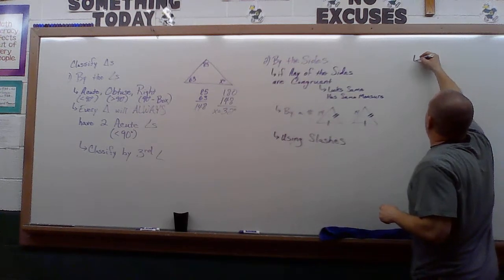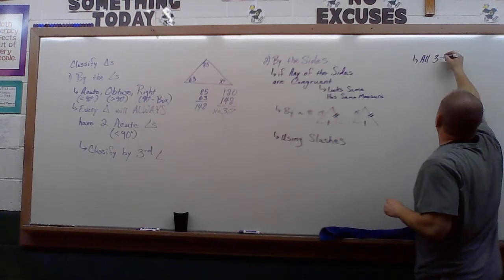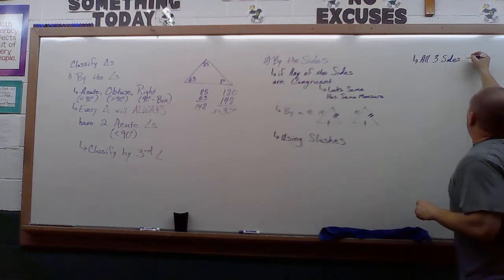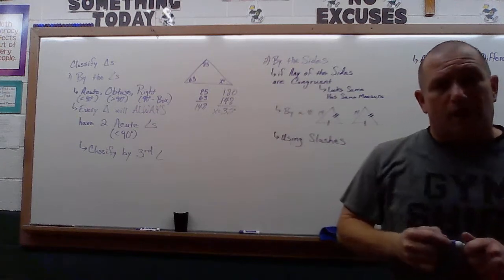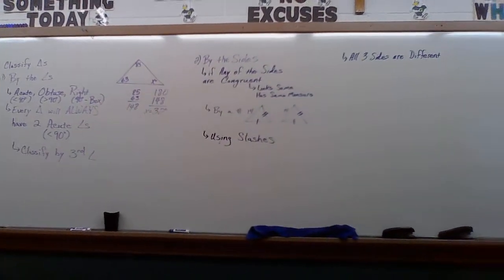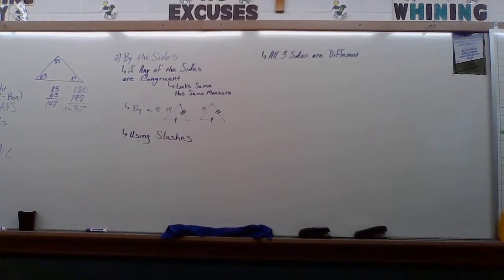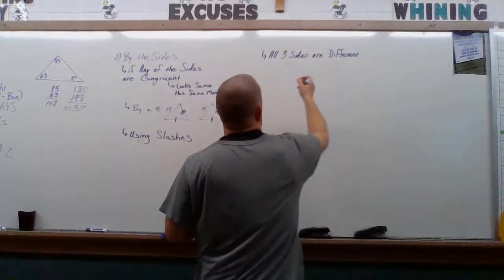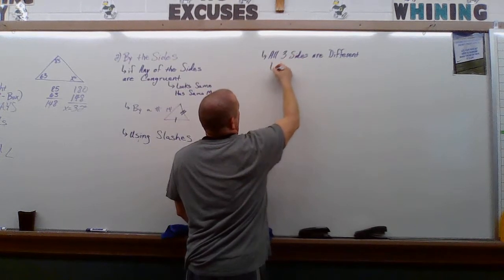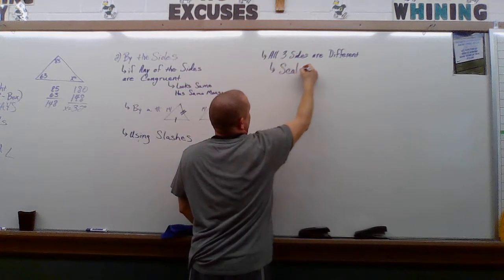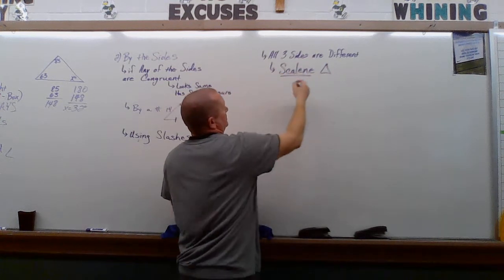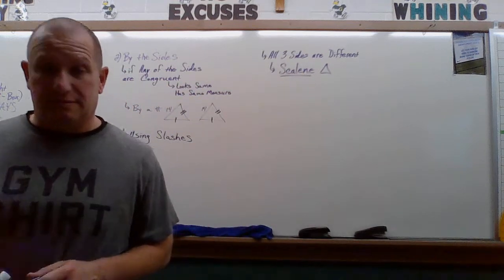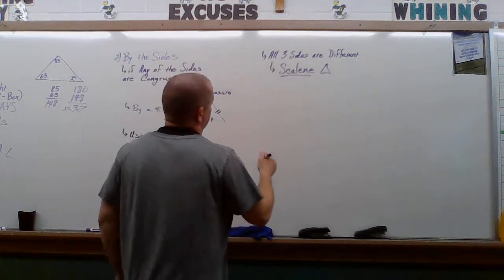But if all 3 sides are different, meaning the lengths of every single side that was given to you is different from all the numbers that they gave you, anybody have any idea what this name is? Okay, so all 3 sides are different. This is called a scalene triangle. So again, this just means that you have 3 different lengths of those sides.